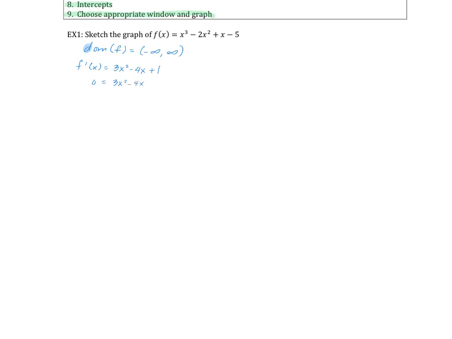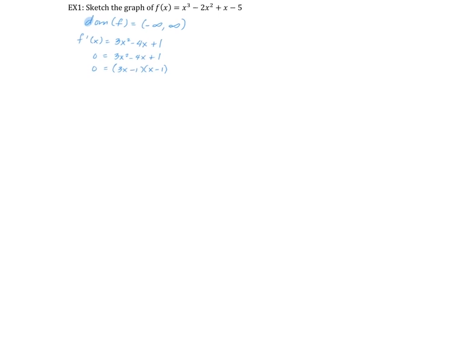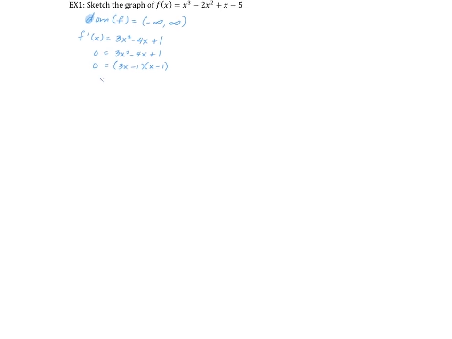What's nice about this first derivative is it's factorable into (3x minus 1)(x minus 1). If I set each of these factors equal to 0, I have x equal to 1/3 and x equal to 1. These are going to be my critical points.